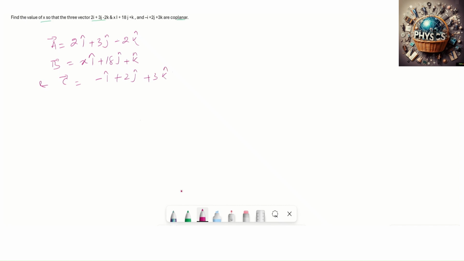And for these three vectors to be coplanar, we can say that the scalar triple product is equal to 0, which means that A cross B dot C is equal to 0. And when does it happen? Basically, A cross B will be a vector which will be perpendicular to the plane containing A and B, right?